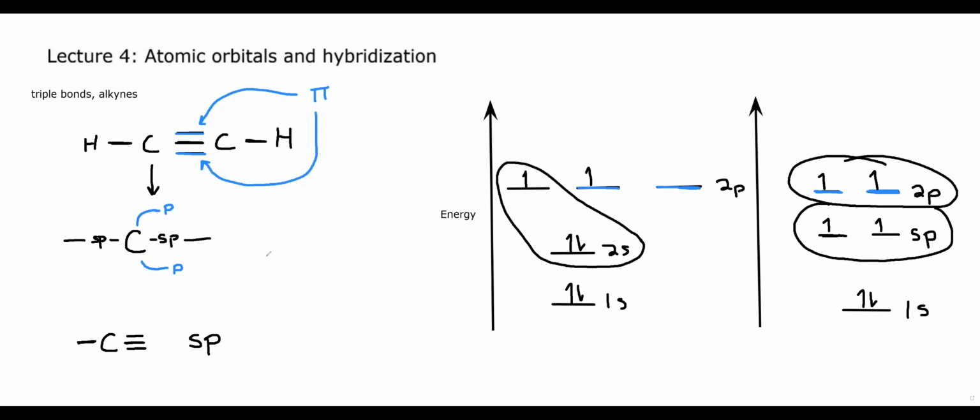Now, a triple bond carbon, a C triple bond C, for example, is linear. Why is it linear? Well, it's connected to two things. It's connected to one thing on the right, say it's a hydrogen here, and say it's connected to a carbon here.